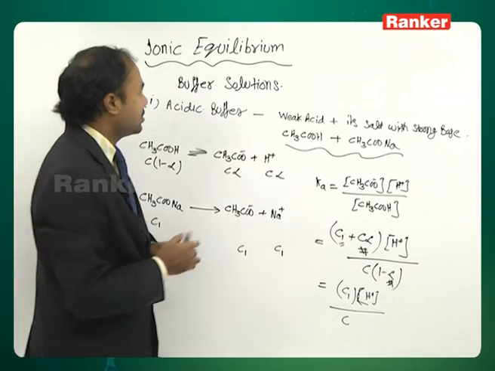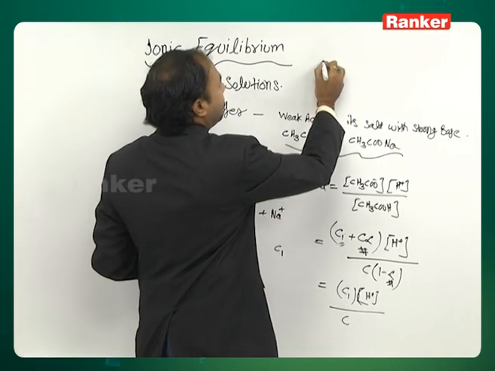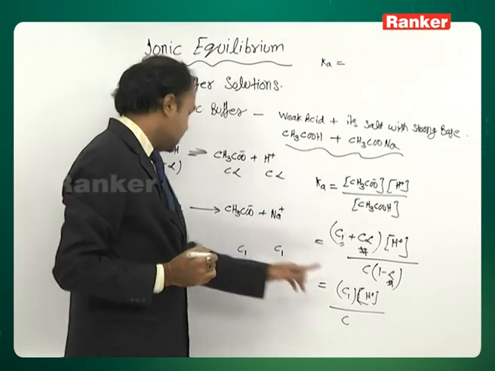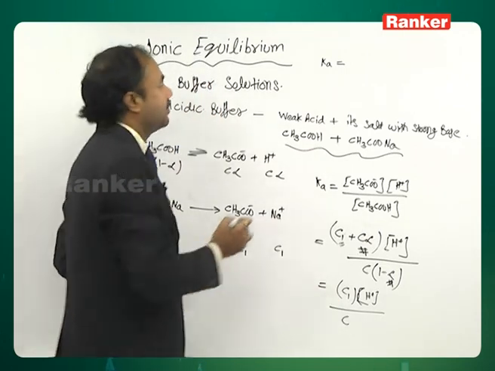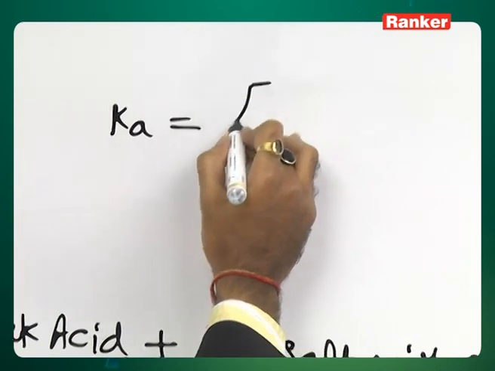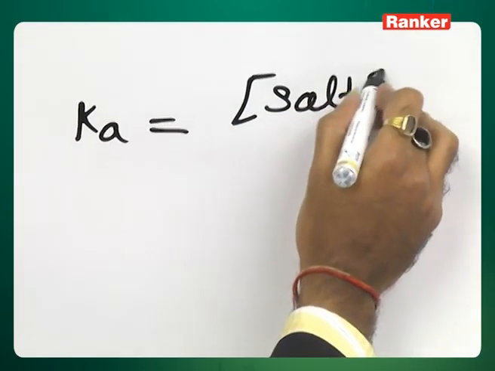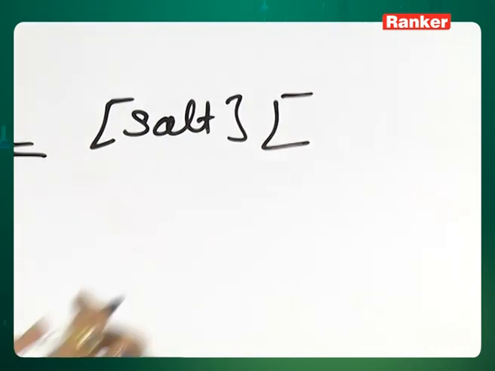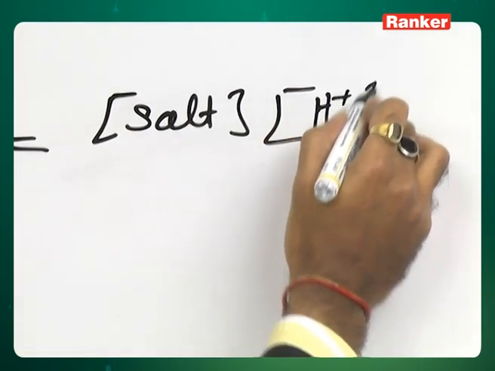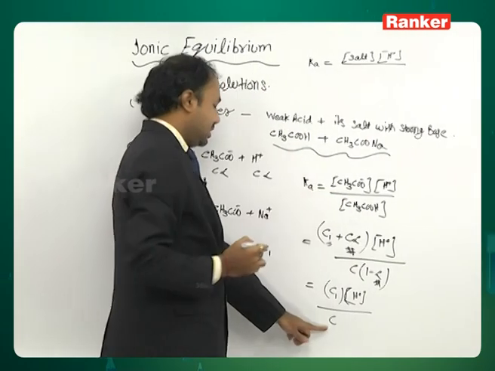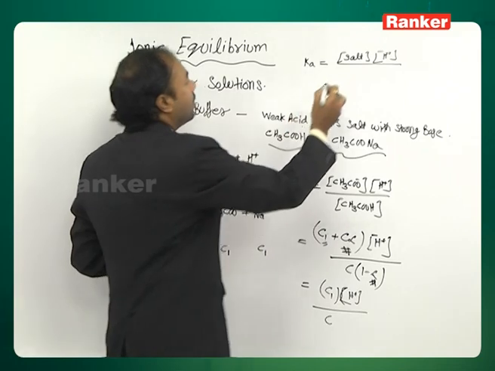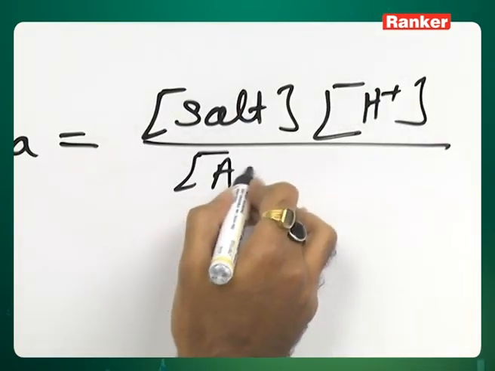We put these values: Ka equal to C1, now concentration of the salt, into concentration of H plus ions upon C, which is the concentration of acid taken initially.